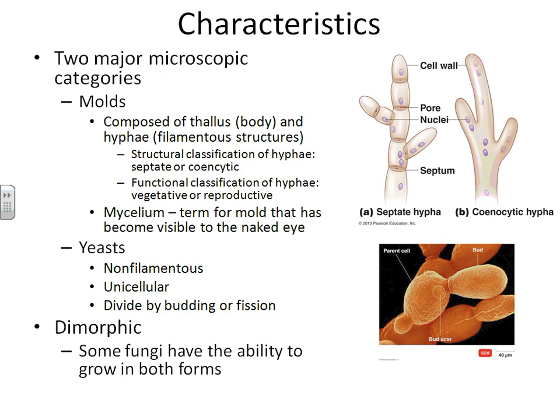So there are some that can choose which type they want to be depending on their outside surroundings. And one of the most common things that is kind of the trigger to change them back and forth is temperature. Some of the ones that make us sick, they are a mold at room temperature. Why would they want to be a mold? What are molds very good at?